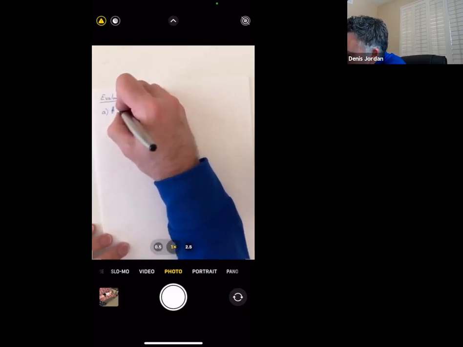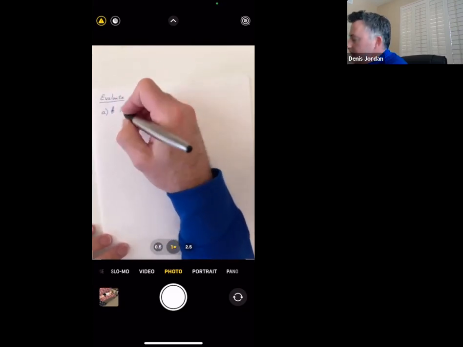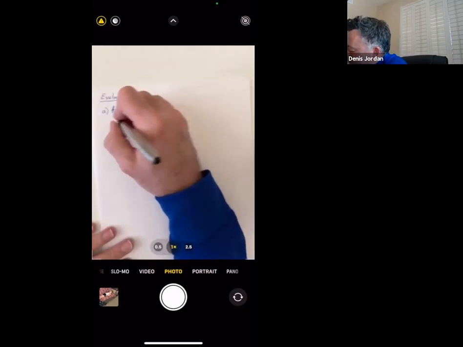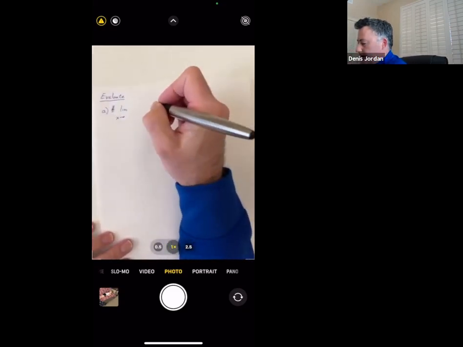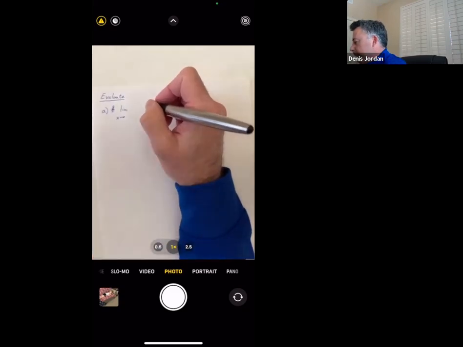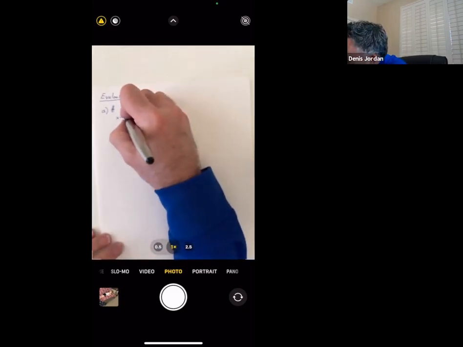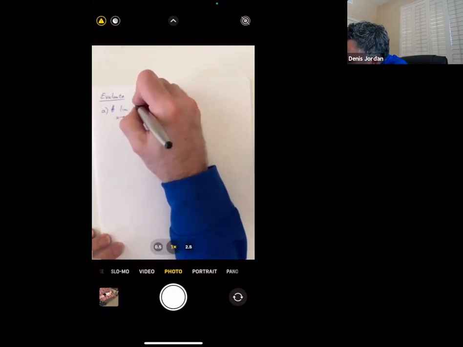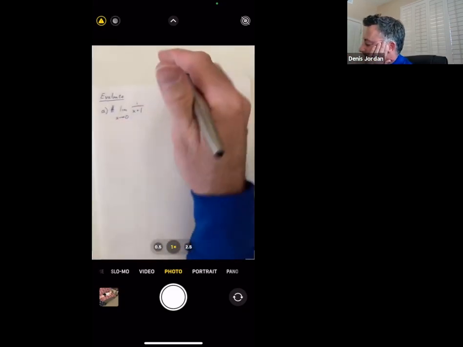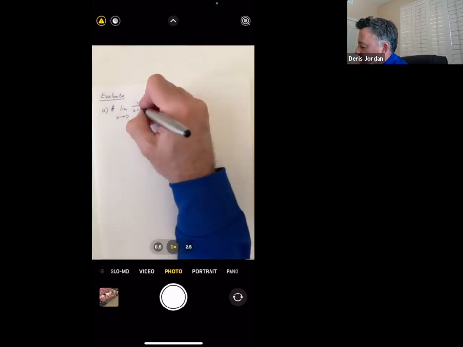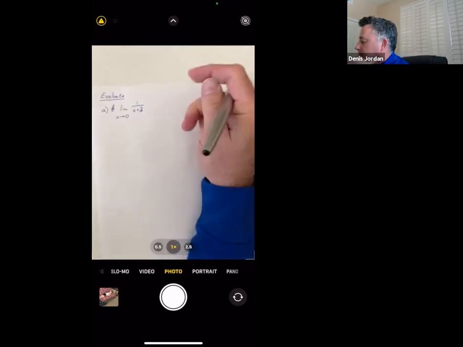So let's take the limit as x approaches 0 of 1 over x plus 1. Actually, let's make it 1 over x plus 2.